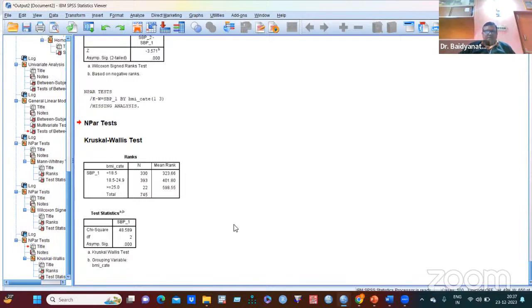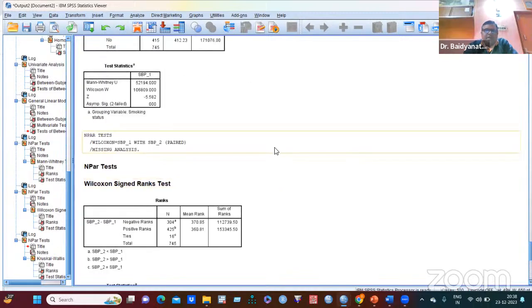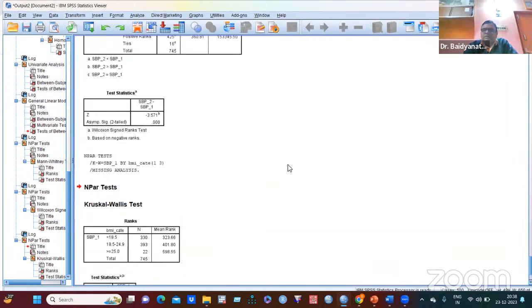So this is the alternative of ANOVA, and another is repeated measures. For repeated measures, we have no such type of data. And ANCOVA is not possible here. ANCOVA, MANCOVA or MANOVA is not available in the non-parametric tests.